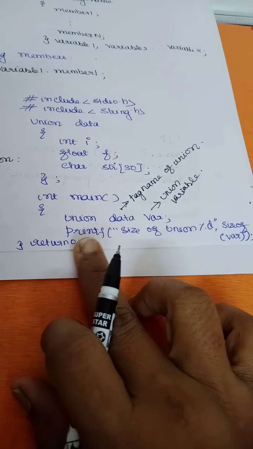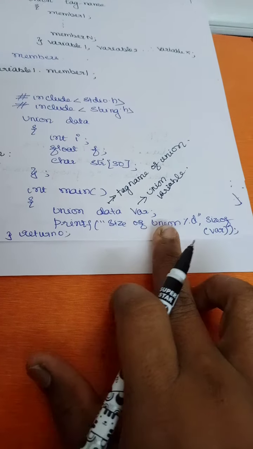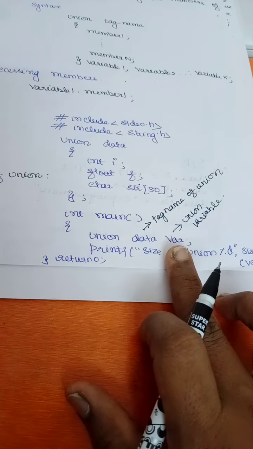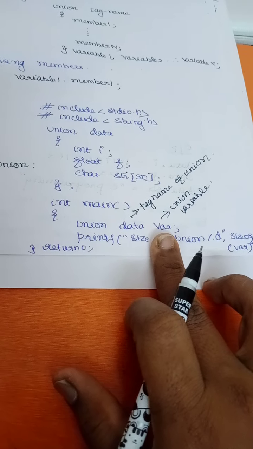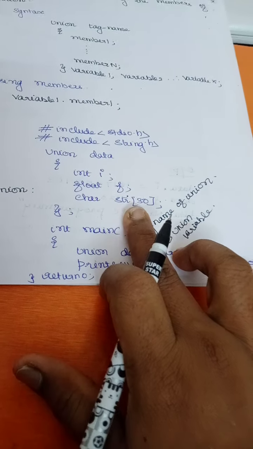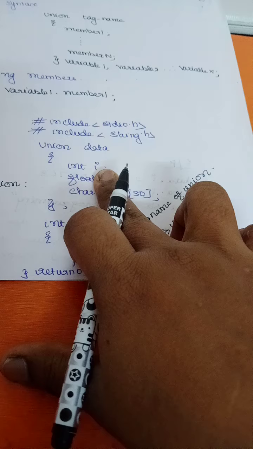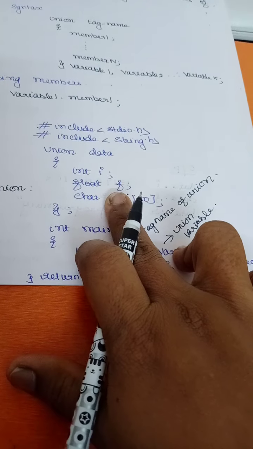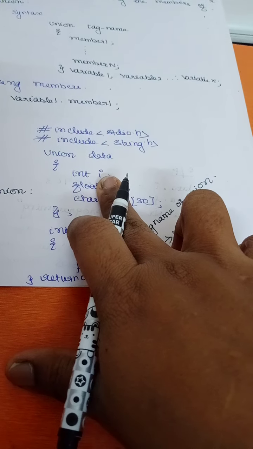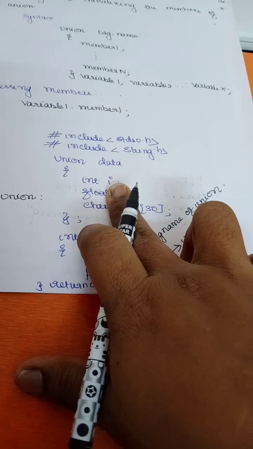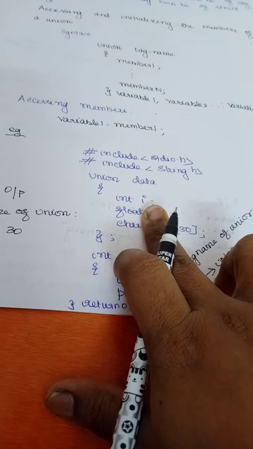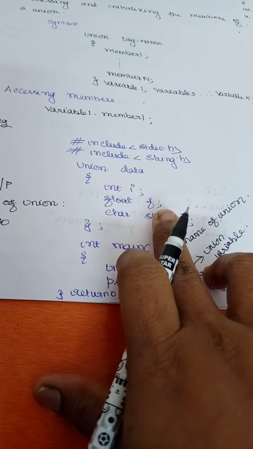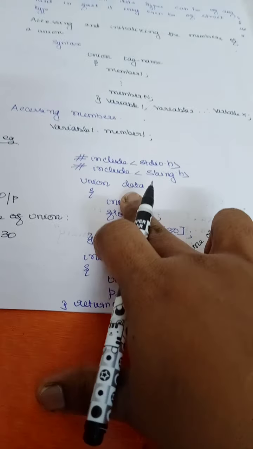Now printf the size of union. If I take the size of this variable, generally in the case of a structure, it will take 30 plus 4 plus 2, if it is 2 bytes for an integer. So 30 plus 4 is 34, 34 plus 2 is 36 bytes, because a structure allocates memory for each and every member.